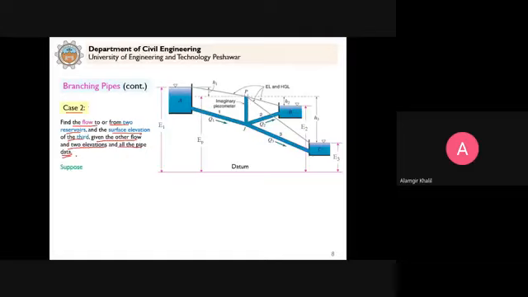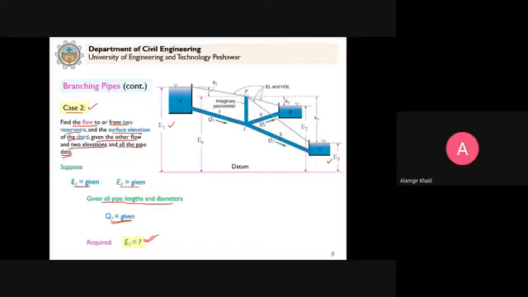So in this case, suppose E1 and E3 are given. Given all the pipe lengths and diameters, and Q2 is given. So what is required? To calculate E2. So this is case 2.